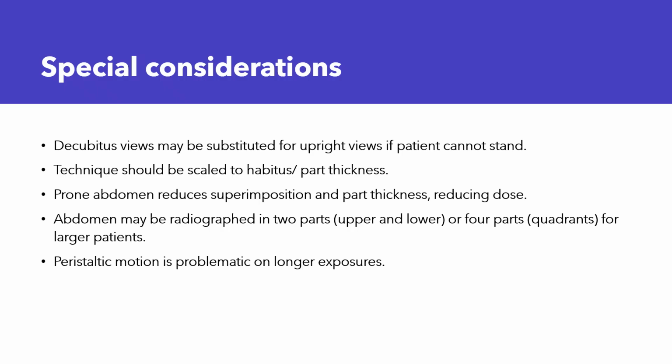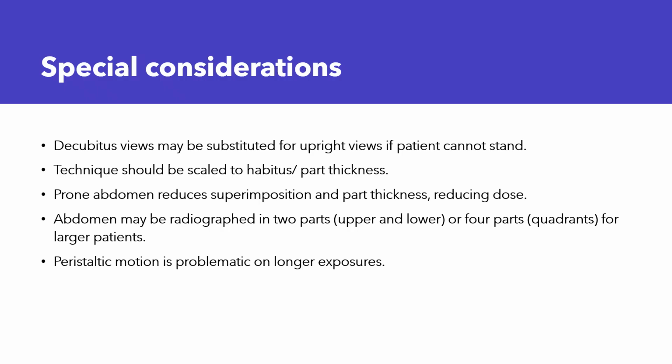The abdomen may be radiographed in 2 parts for larger patients. It might even be radiographed in 4 parts. Yes, I've done quadrant radiographs: right upper quadrant, right lower quadrant, left upper quadrant, left lower quadrant. 4 exposures, 1 abdomen. Yes, it does happen.